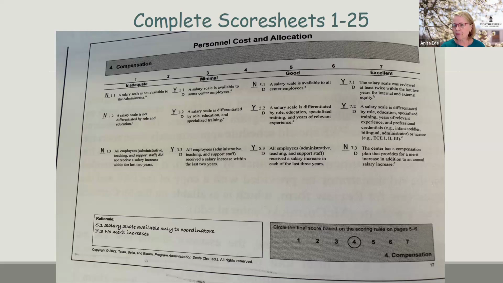By the time you open this page up again, you're like, okay, now why did I mark that Y? What did I see? What was that like? You want notes scrawled all over your page here to help you remember what personnel and cost allocation actually looked like. So make sure you put as much as you can down on here in your book. This is all in your book.